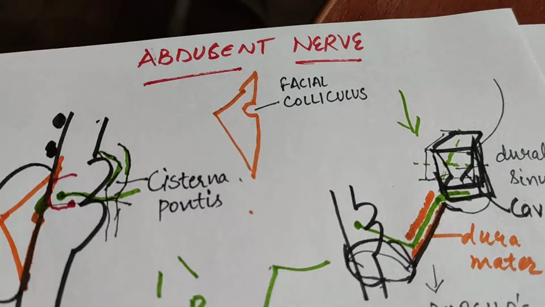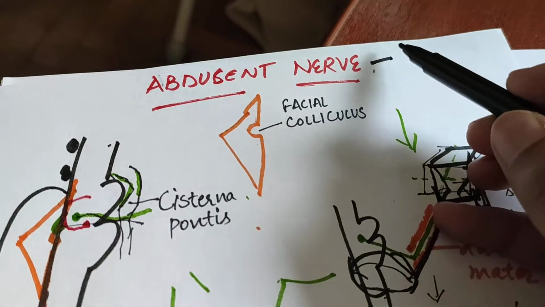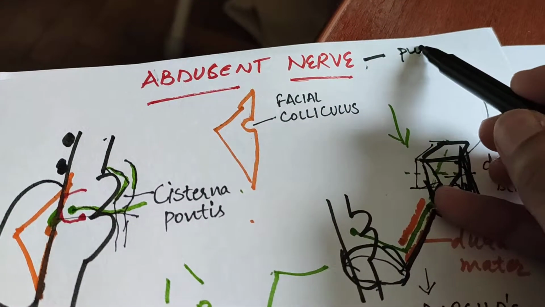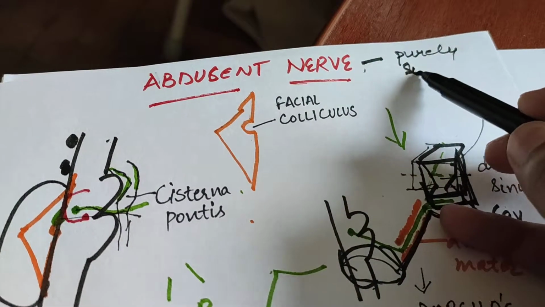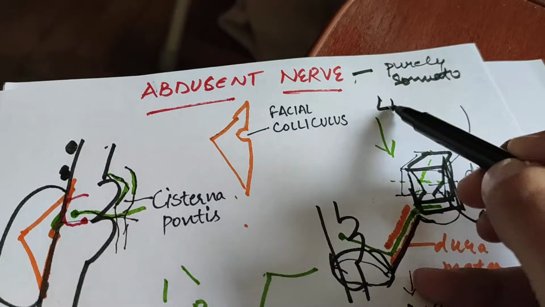One more point I wanted to tell you: the abducens nerve is a purely somatomotor nerve, that is, it supplies only the lateral rectus, the extraocular muscle. We have done LR6.